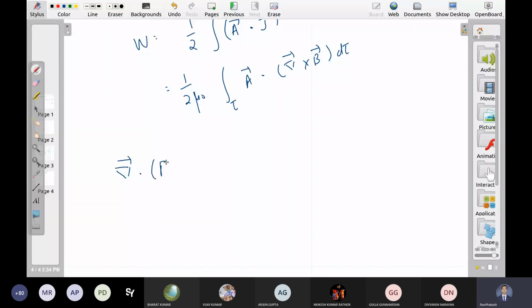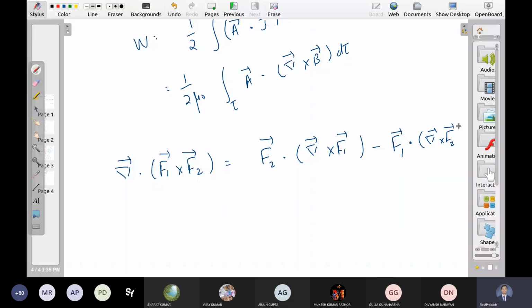So if we have two vector fields F1 and F2, del dot (F1 cross F2) is F2 dot del cross F1 minus F1 dot del cross F2.